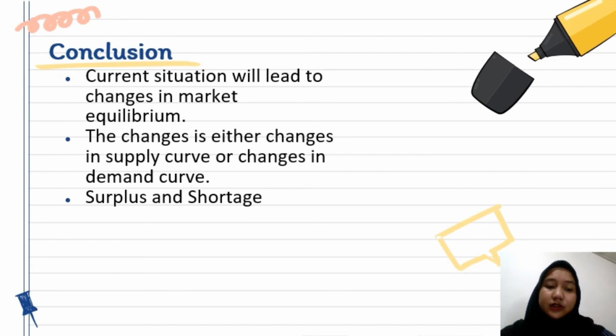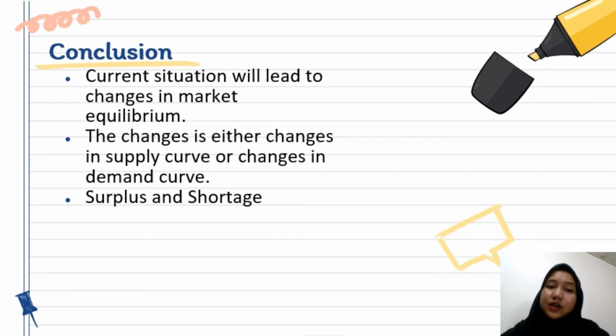For example, COVID-19 affected many different kinds of industry. So of course, some industries grew bigger during this COVID-19, and some suffered a lot of losses and maybe were led to shut down their company. So of course, it will affect their market equilibrium.